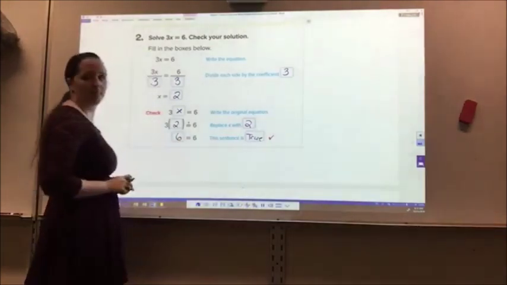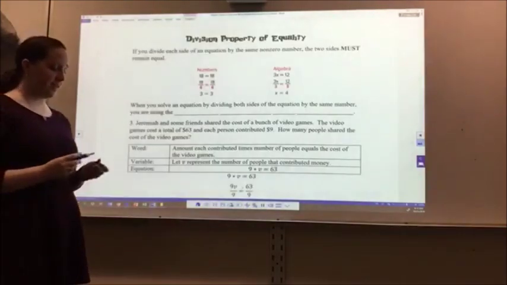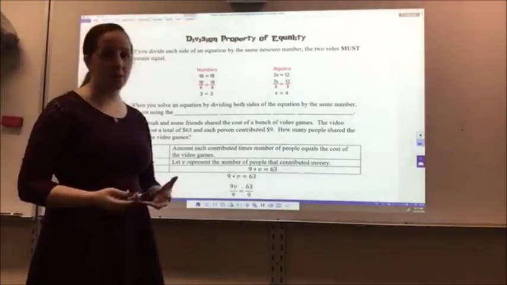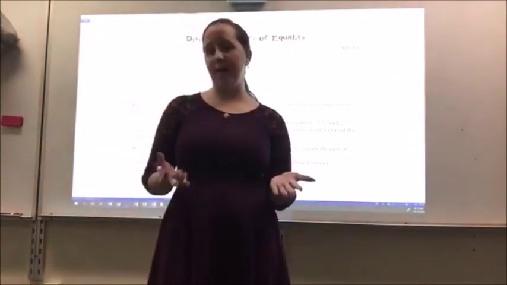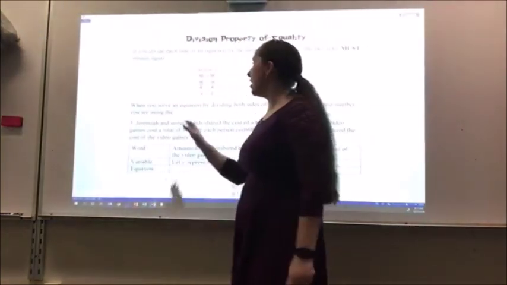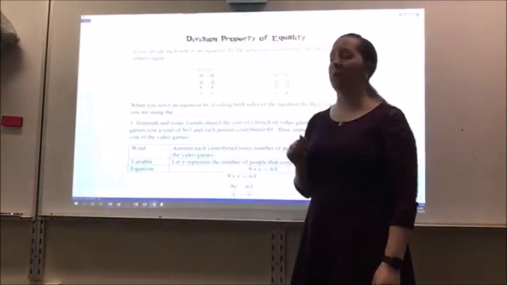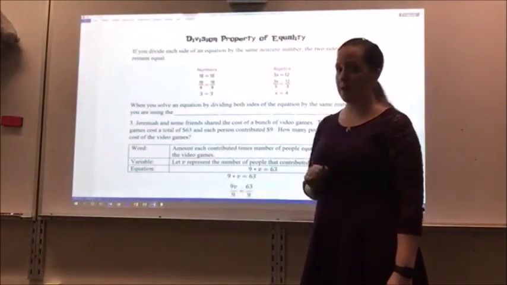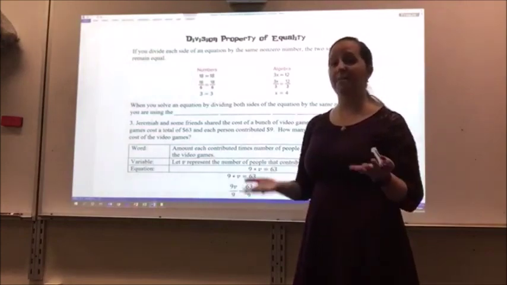true. If you divide each side of an equation by the same non-zero number, the two sides must remain equal to each other. Again, it's all about balancing, like we've done with addition and subtraction so far. In numbers, if I divide both sides of this equation by 6, I still get 3 on each side. It's still balanced.